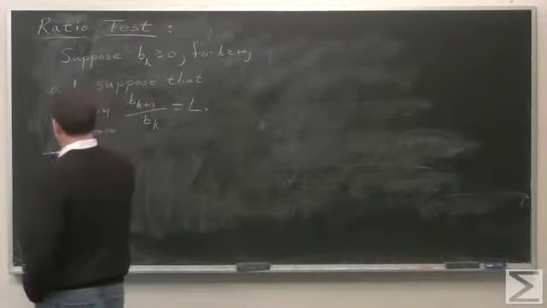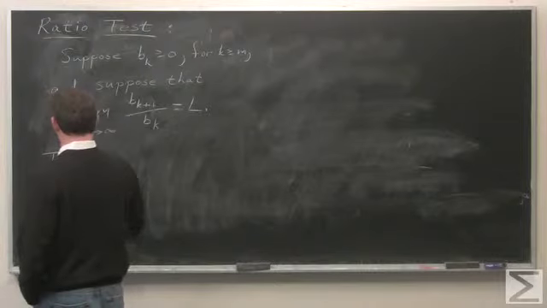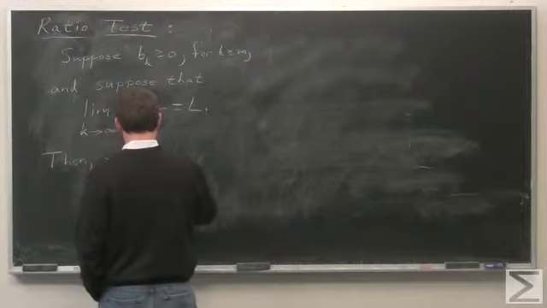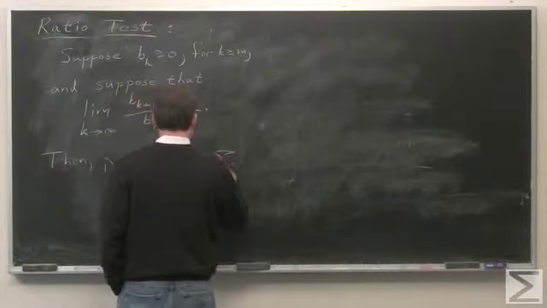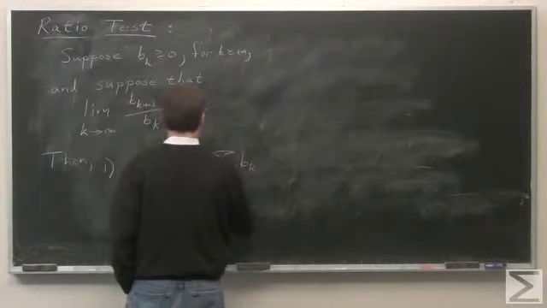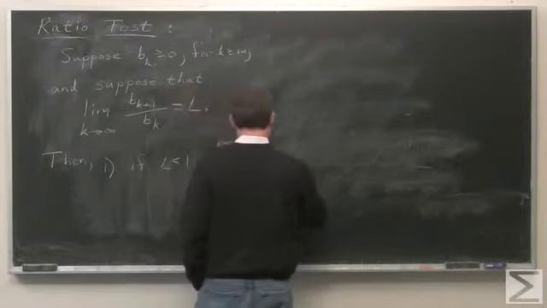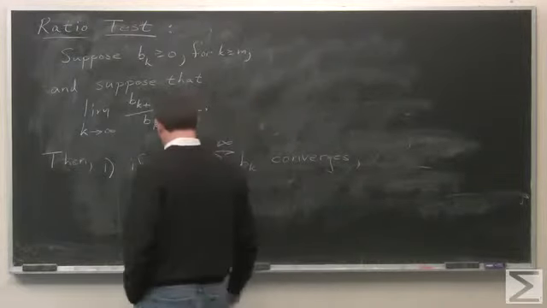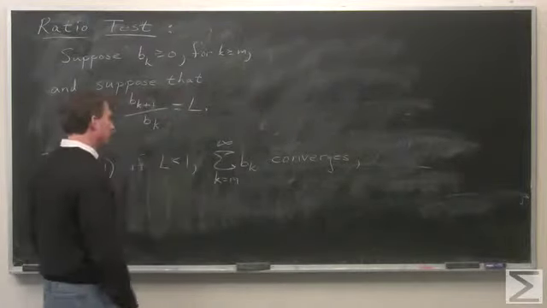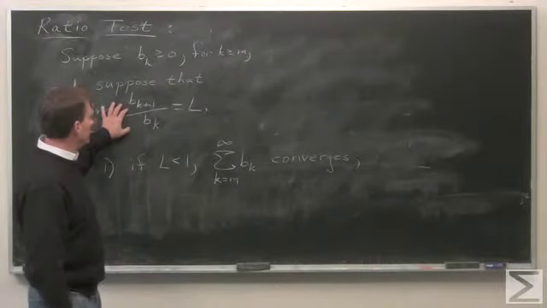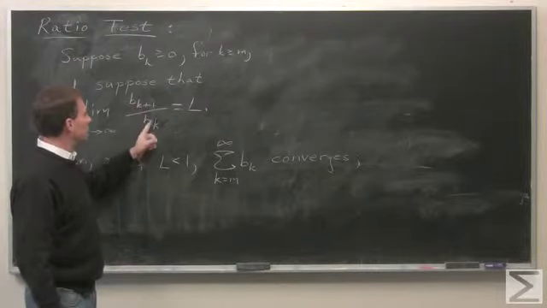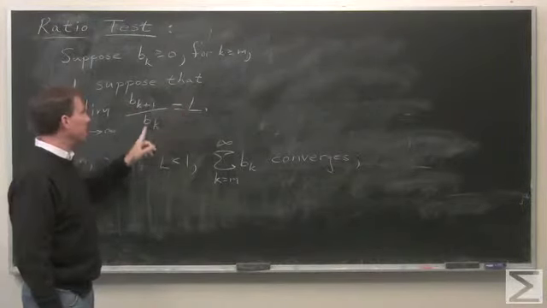Then, and you should remember this from when we talked about it during power series, then if L is less than 1, the sum of the bk's converges. And this isn't particularly difficult. This limit being L means that each next term, b sub k plus 1, is practically L times b sub k.